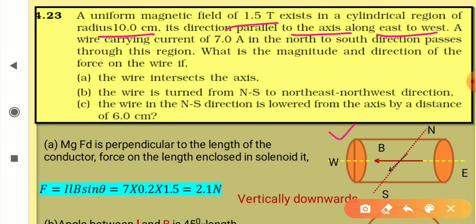Here we have a solenoid which is a cylindrical region, and I have shown the directions east, west, north, south here, and the magnetic field is from east to west as shown here. Now a wire carrying current 7 ampere in the north to south direction. I have a wire, see this is a wire I have shown here.